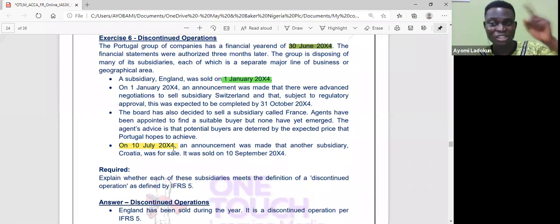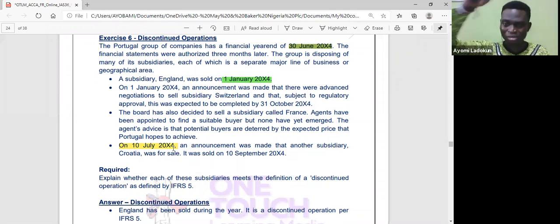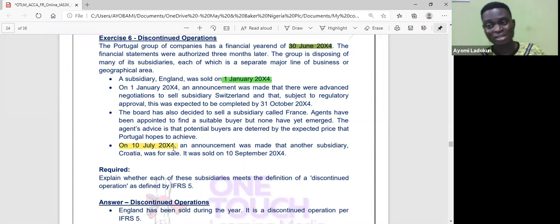I made an announcement after the year end that I needed to sell a subsidiary, and I sold it in September. Can I classify it as held for sale as at the year end? The answer is no. This is not within the reach of IFRS 5. It's within the reach of another standard, which is IAS 10, events after the reporting period.